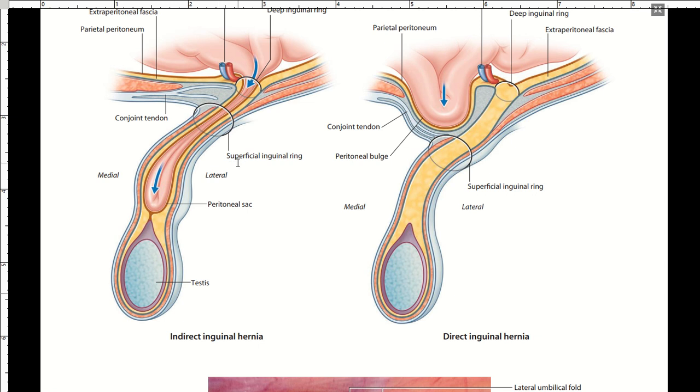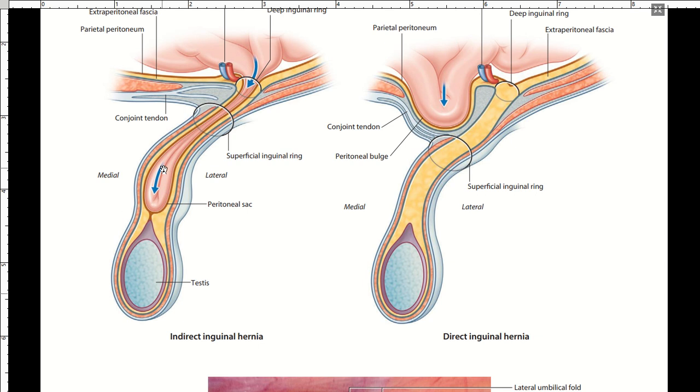So an indirect hernia is a congenital hernia due to the failure of the obliteration of the processus vaginalis. So there's going to be an open communication between the abdominal cavity and the scrotal cavity, right? So you're going to have intestinal loops entering the deep inguinal ring, leaving via the superficial inguinal ring, and getting into the scrotum.